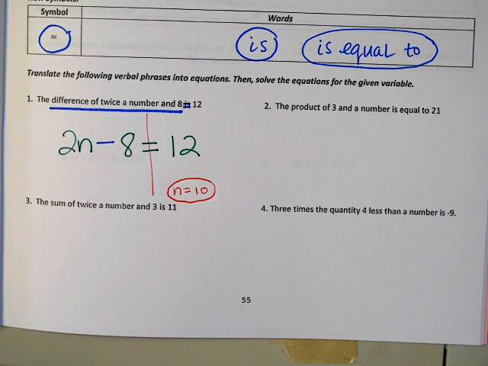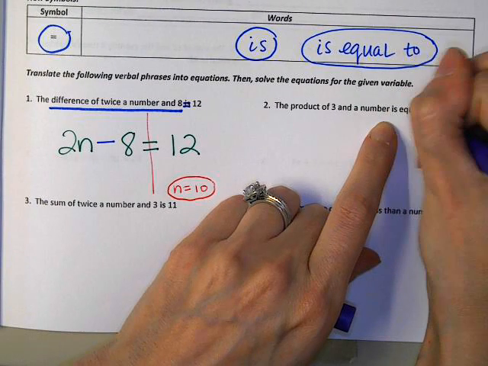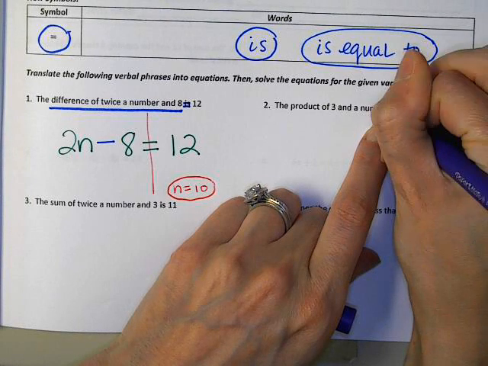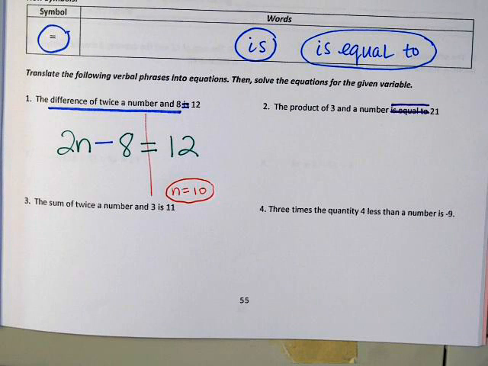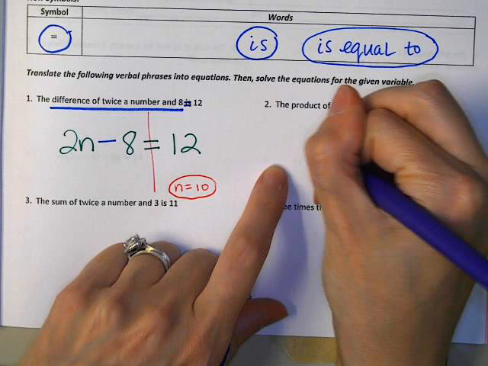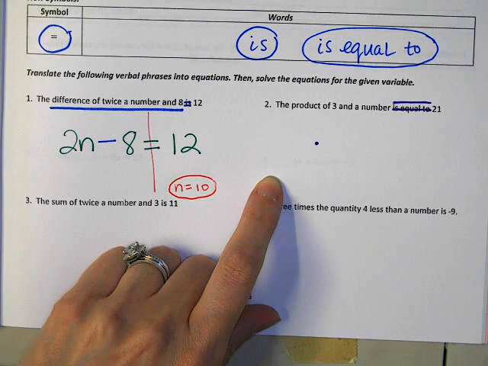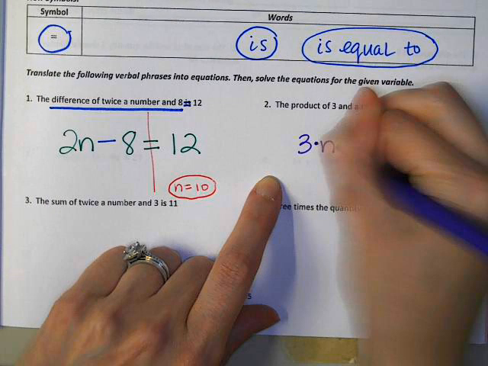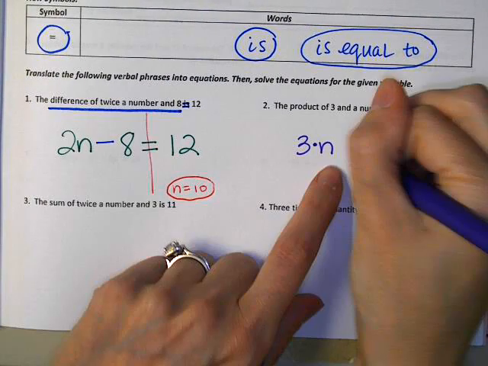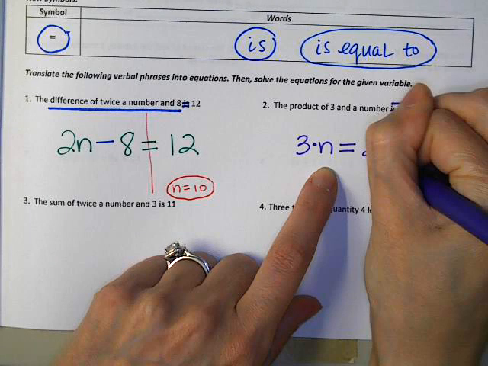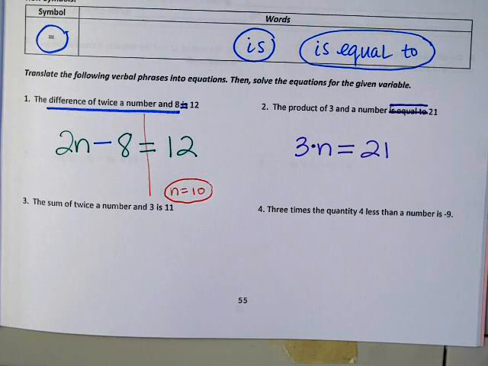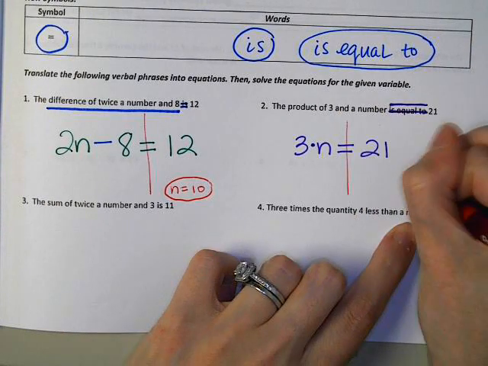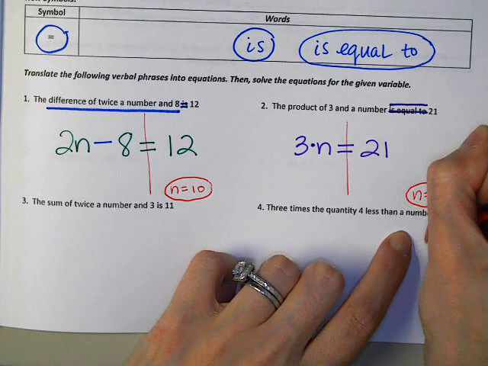Okay, number 2. Is equal to, right? That's going to be our equal sign. So I'm going to put a big, huge equal sign here. And let's write it out. Product means multiply. You're multiplying 3 and a number. So 3 times n is equal to, and then we have a 21. And again, I will leave you to solve this, but if you draw the wall and solve it, you should get n equals 7.